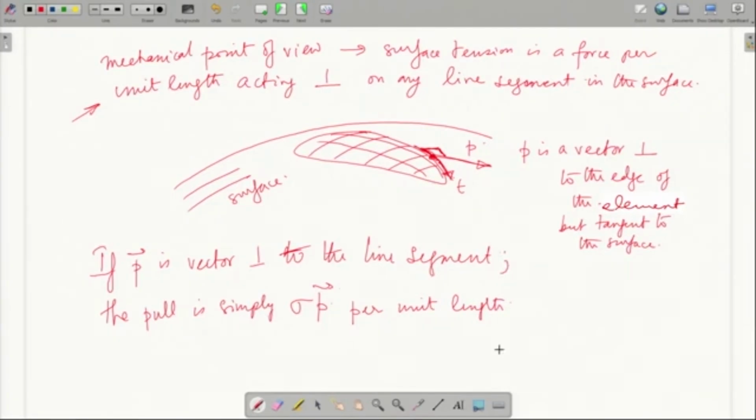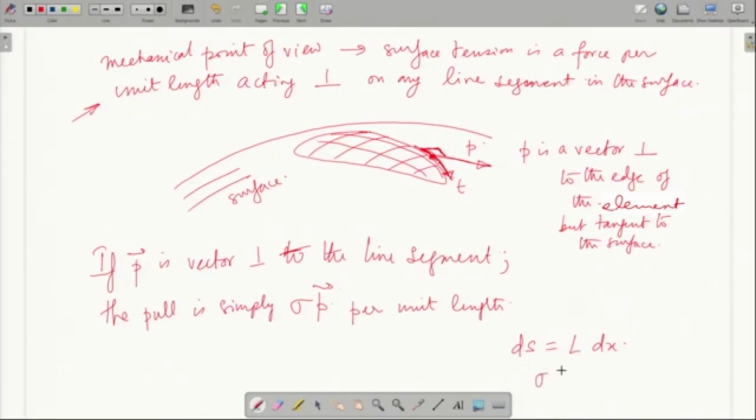So, this would have an effect of stretching the surface when this pull is acting, and suppose that you are pulling in the x direction and the surface has an extension say L in the other direction. In that case, stretching it increases the area by some amount ds equal to say L times dx, and this would happen at the expense of some work done.